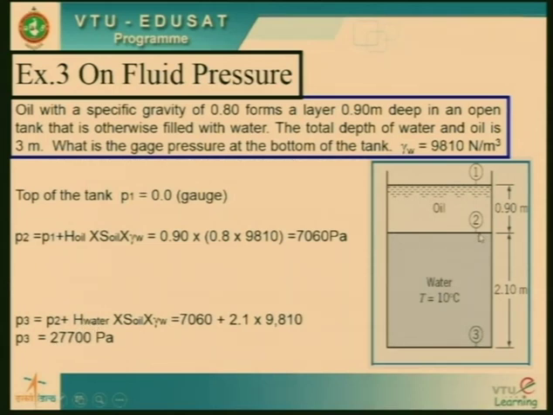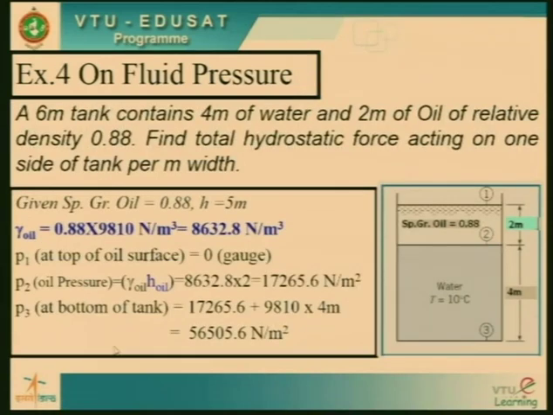Same thing, we are going from 2 to 3 in which direction? Downward direction, so we take positive. Height of the water, total is 3 meter, minus 0.9 you get 2.1 meter, 2.1 into specific gravity of the water into gamma W. So it is going to be 27,700 Pascal.